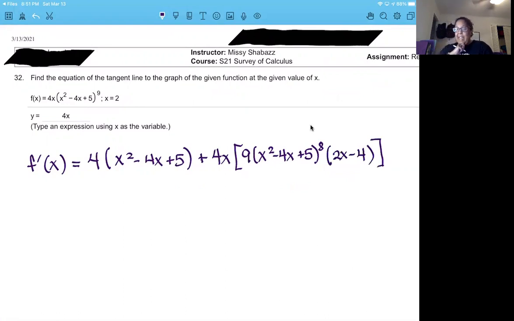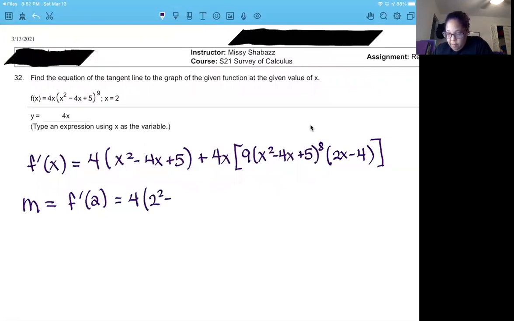All right, and that is going to give us the slope of the tangent line. So I'm going to plug in 2 here without simplifying. So I have a 4 times 2 squared minus 4 times 2 plus 5.